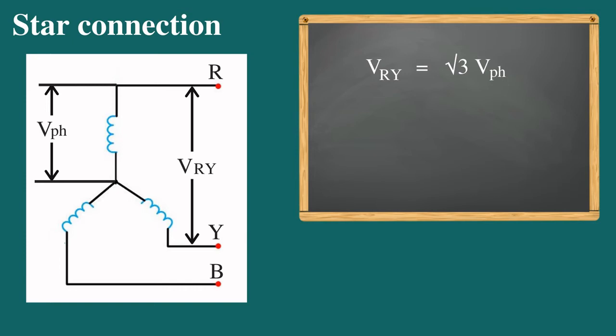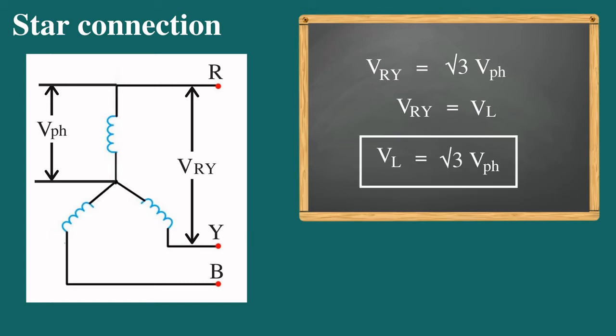This result comes from a derivation. You can find the derivation in the books, and VRY is nothing but line voltage VL. So from here VL will be equal to √3 times VPH.